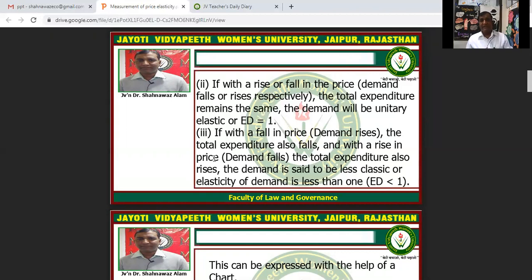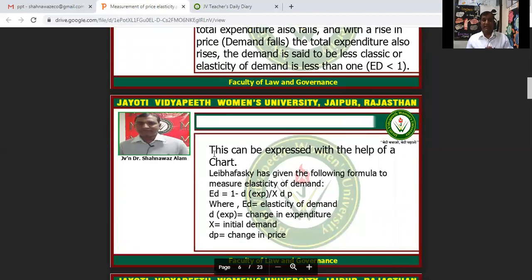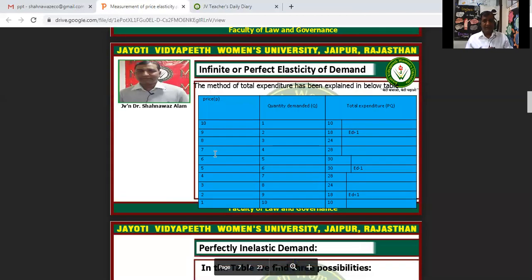That means ED less than 1, that means inelastic demand. This can be expressed with the help of the following table.